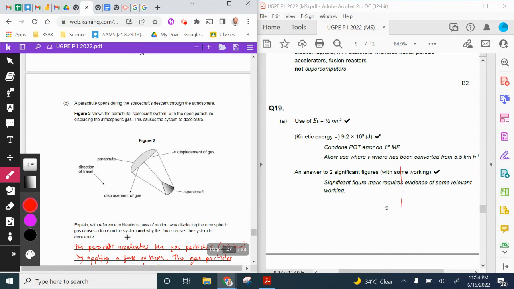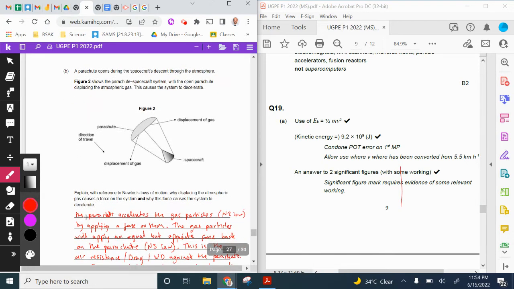So there's many different marking points here to pick up 4 marks. So I've mentioned that the parachute accelerates the gas particles. Okay, so it applies a force on these gas particles to move in this direction. Okay, and that's due to Newton's second law.